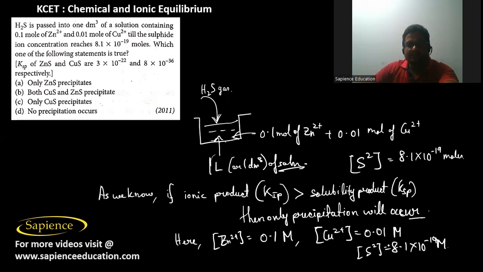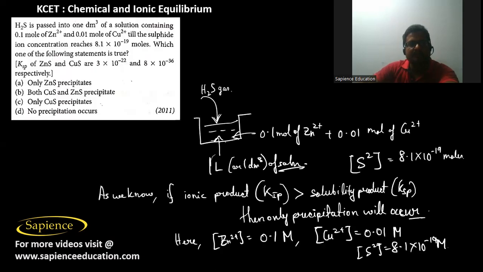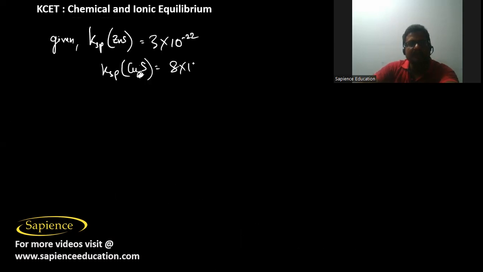Therefore, for ZnS, it is given that the KSP for ZnS is 3 into 10 power minus 22, and KSP for CuS is equal to 8 into 10 power minus 36.